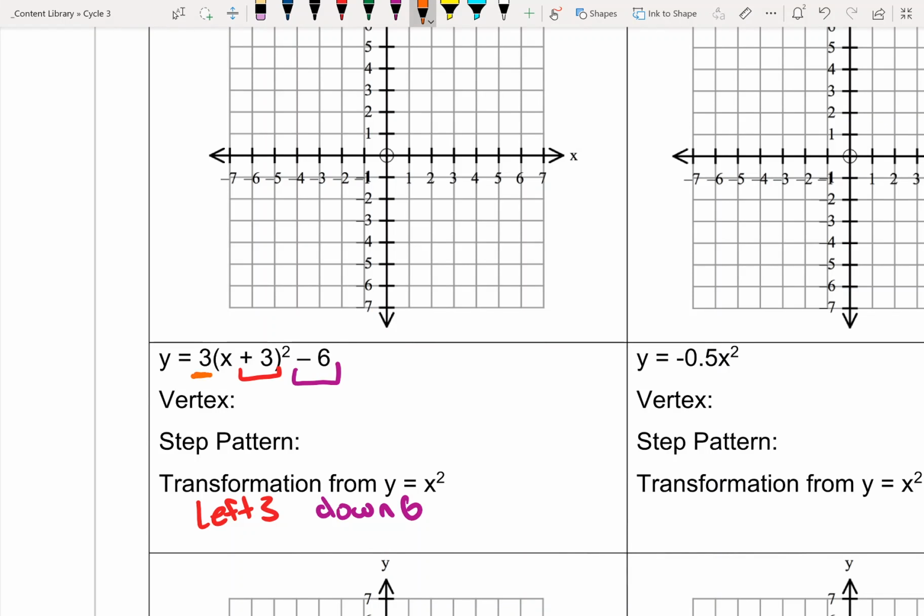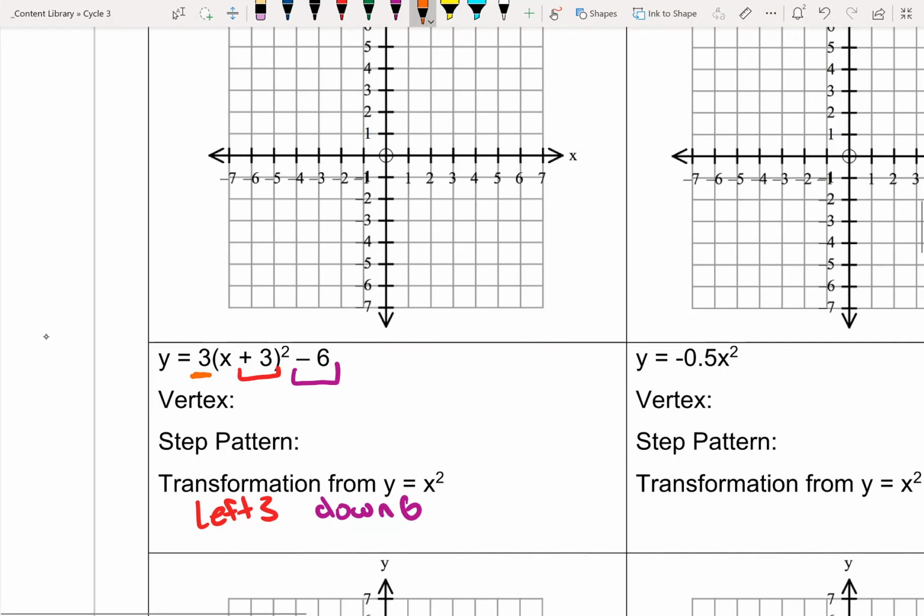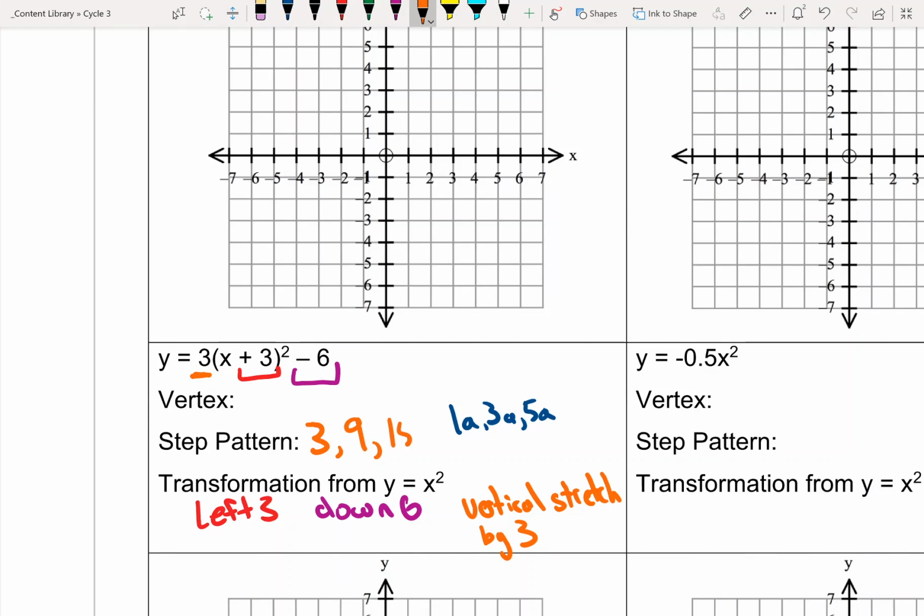I have an a value of 3, so that means a vertical stretch by 3. So my step pattern, if it's 1a, 3a, 5a, with an a value of 3, is 1 times 3 is 3, 3 times 3 is 9, 5 times 3 is 15.